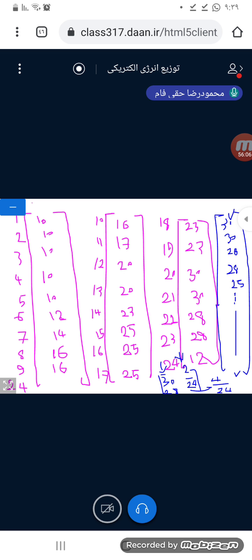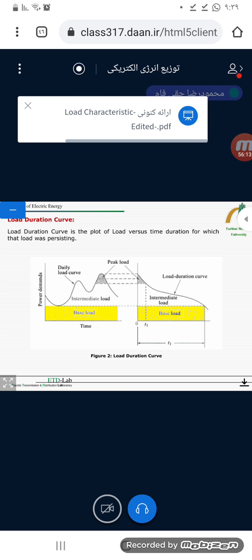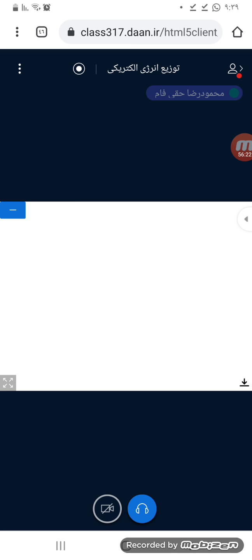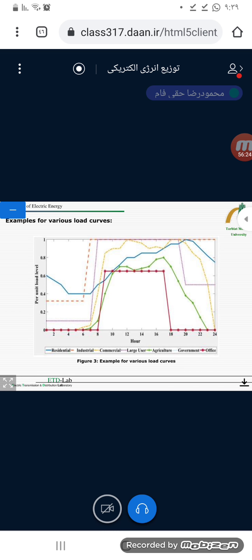I come back to our main slide. For example, this figure shows the various load curves.